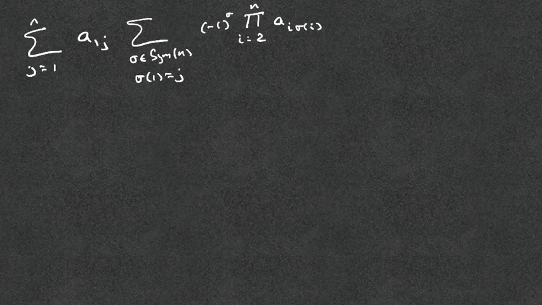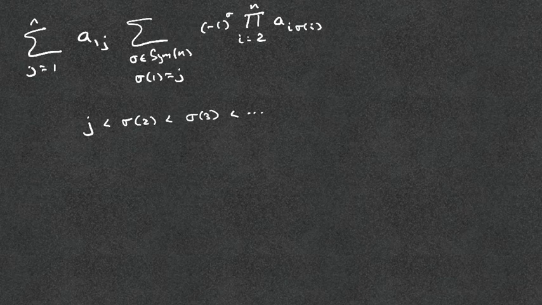So what we really have in our ordering from sigma is something that looks like this. We have our element j out here in front, and then we have sigma 2 less than sigma 3, all the way up to less than sigma n.